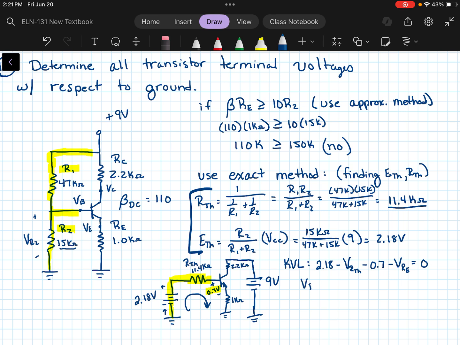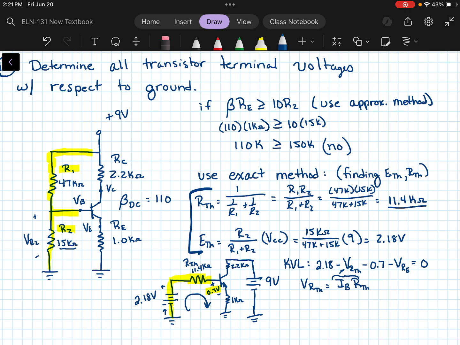Now, the voltage drop across R Thevenin is going to be your base current times whatever that resistance is. So I'm going to substitute this into the equation for that voltage.